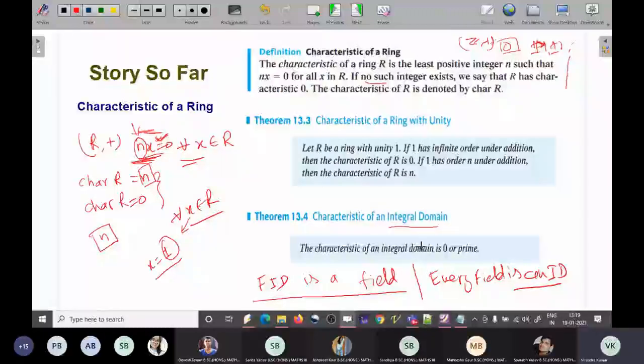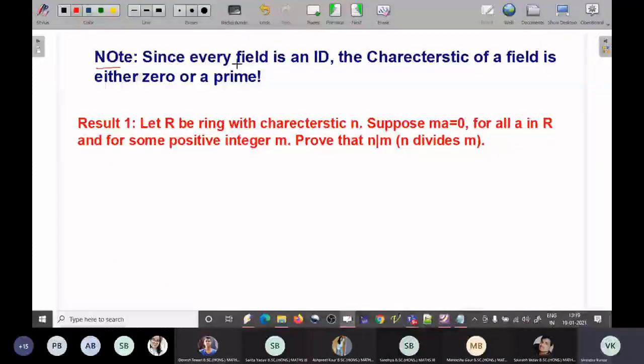This is in parallel with the properties of the order of an element in a group. What we know about the order: if the order of a is equal to n, then this implies that a to the power n equals the identity.